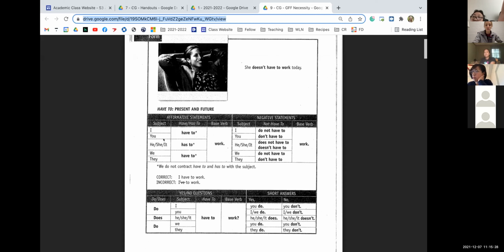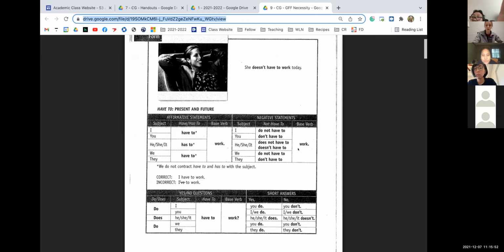So we use have to talk about necessity. I have to work. She has to work. They have to work. We can add do not to make it negative, and we can use the contraction. You don't have to work. She doesn't have to work.